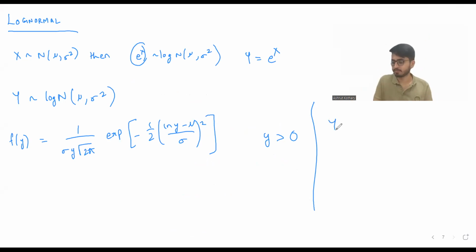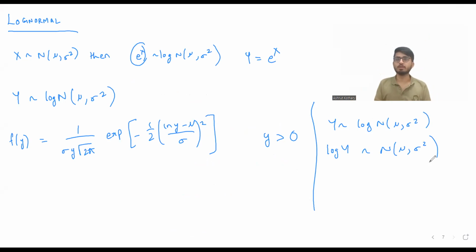So if y follows a log normal distribution, then log y follows a normal distribution. If y follows log normal, then log y follows nothing but normal mu comma sigma square. This is the first result.